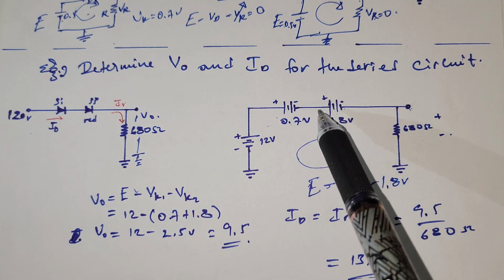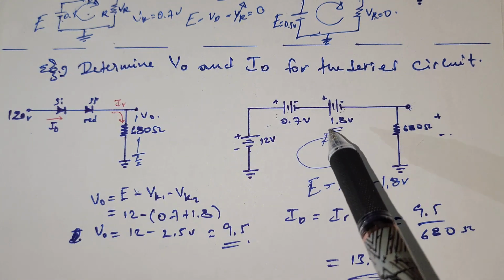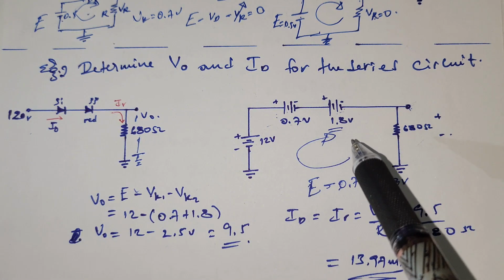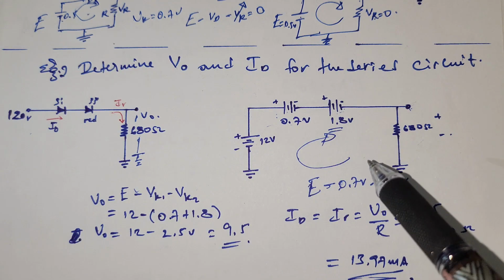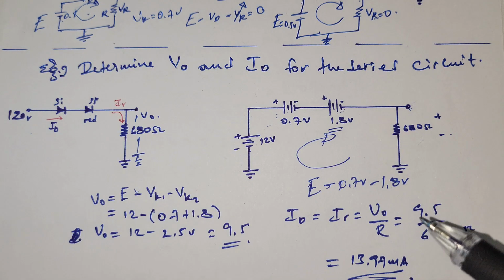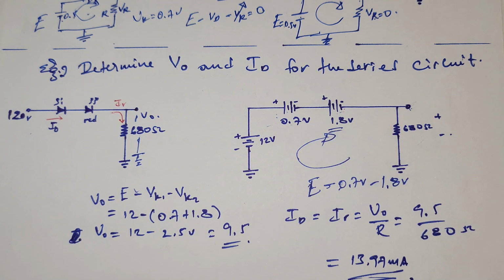When we draw the equivalent circuit, the polarity must be right. The polarity must always be checked. Otherwise, circuits which are connected with diodes are prone to many mistakes connected with the polarity. So check polarity as much as possible.